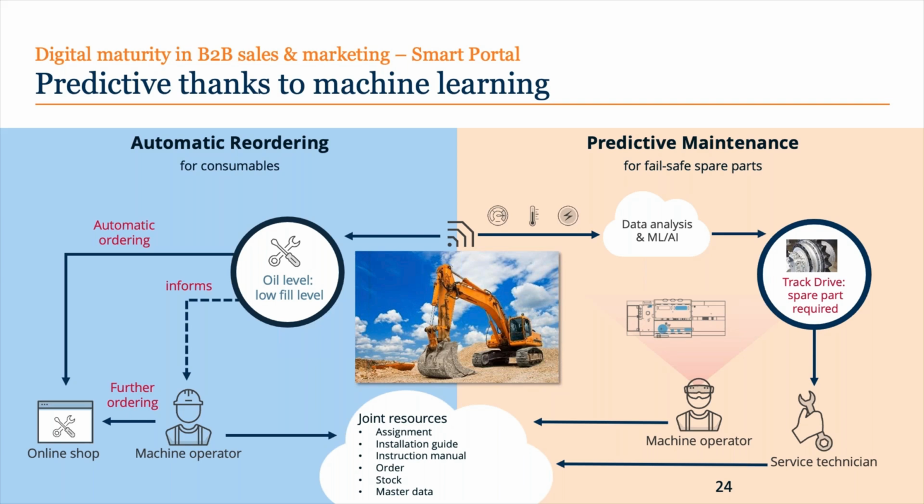So when the machine is running out of some kind of component, let's say oil, maybe a stupid example, when the level is low, then automatically a new purchase order is produced in the online shop, and the machine informs the machine operator, who then needs to go into the portal and say, okay, buy it.